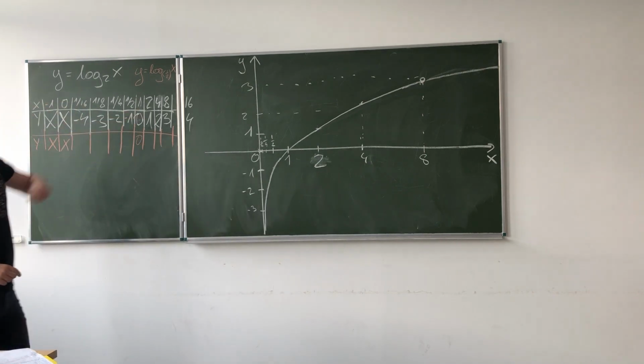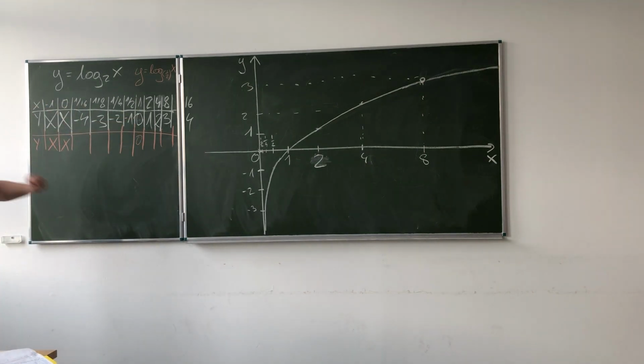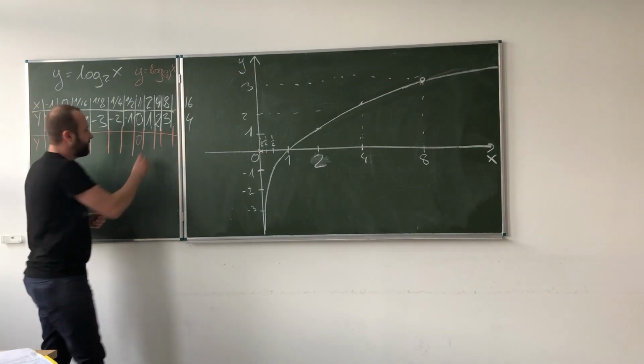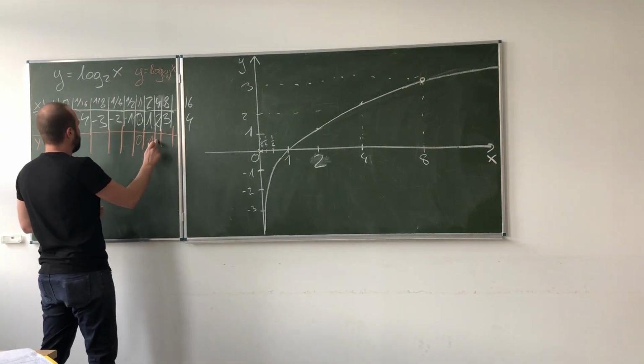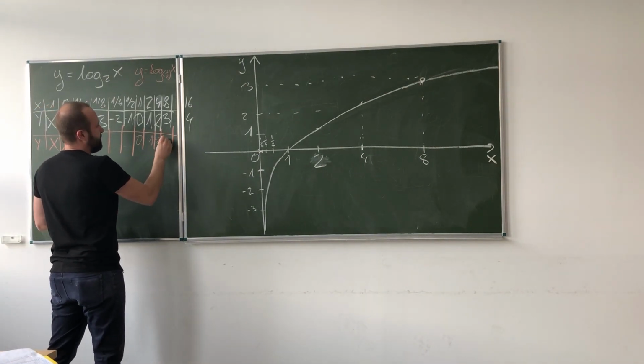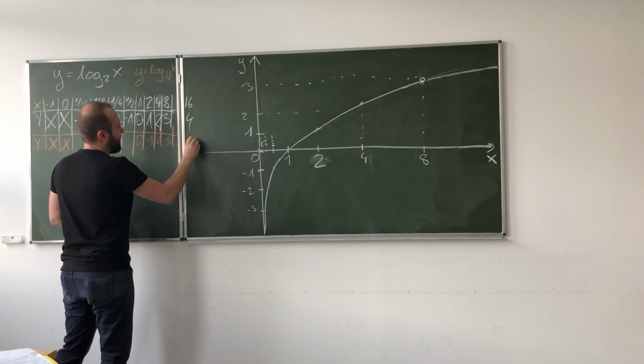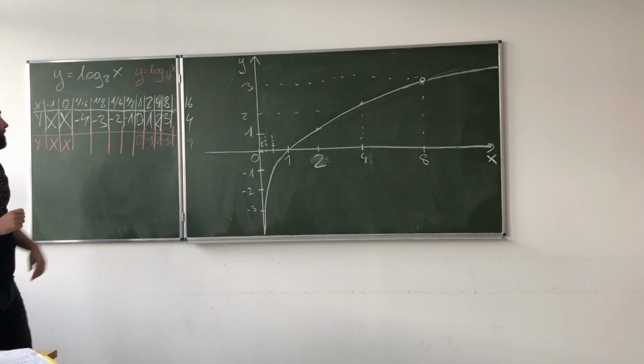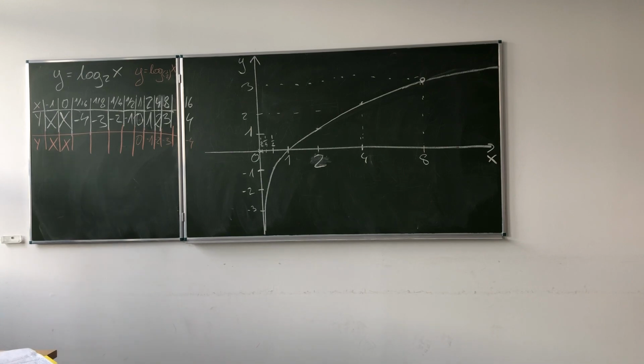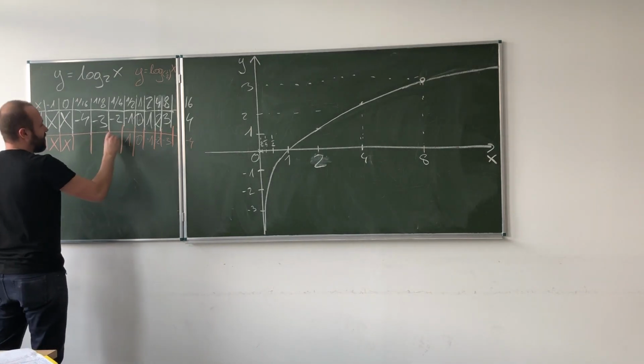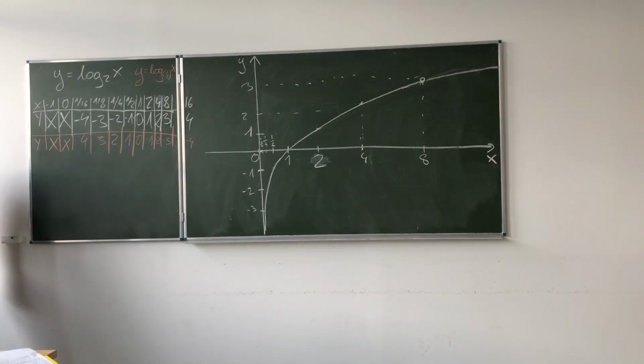To get 2? -1. Here -2, -3, -4. And now I hope you can even guess or remember this. Here we will have 1, 2, 3, and 4.